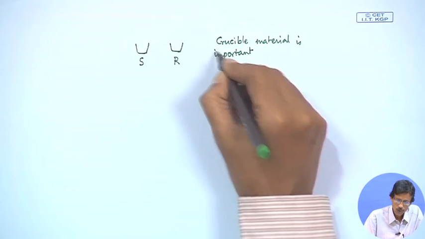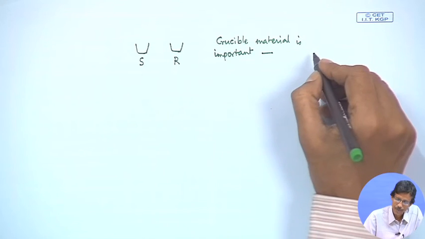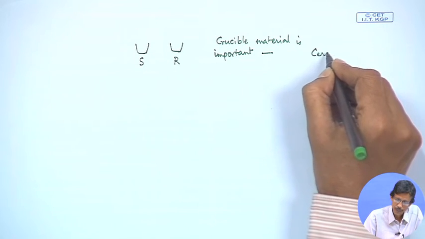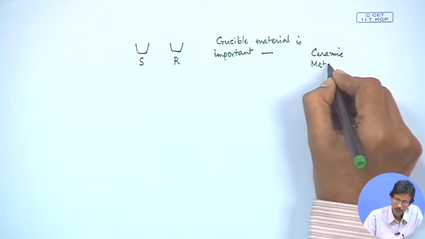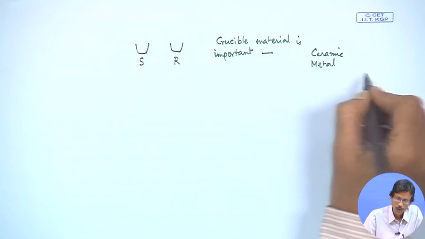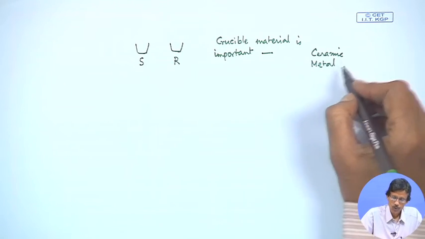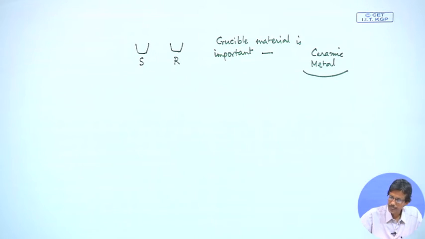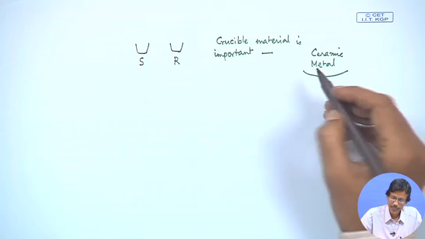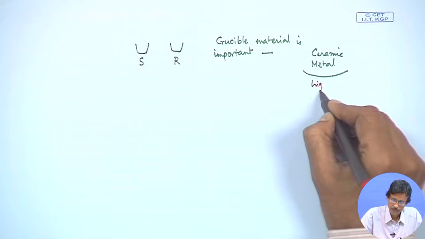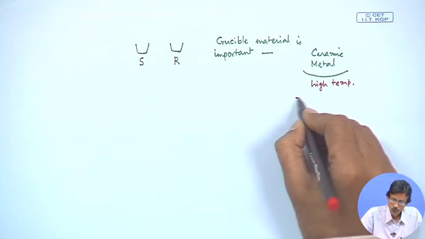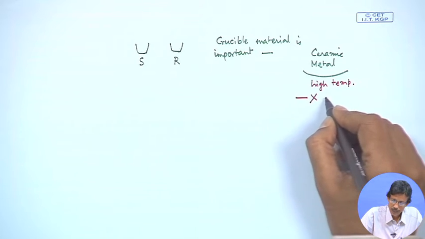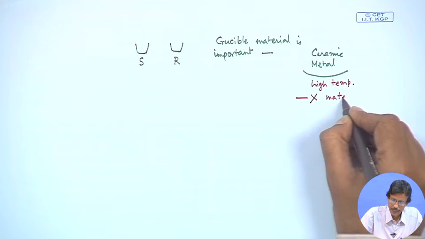Why so? Because it can be some ceramic type of material, it can be metal containing material, or some other material. This particular material can withstand a very high temperature and should not react with the material under investigation.